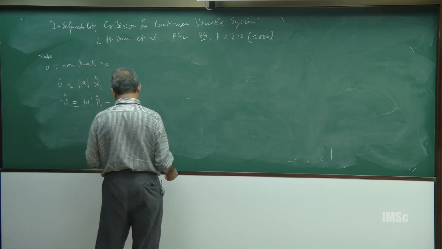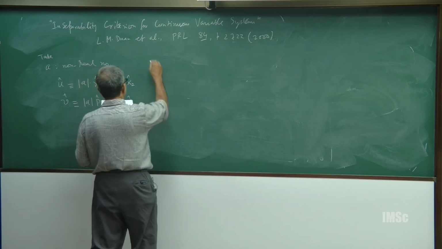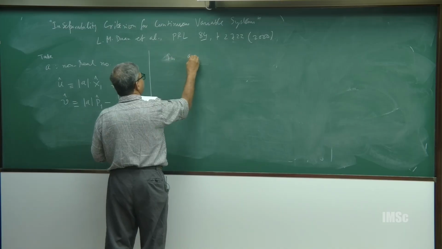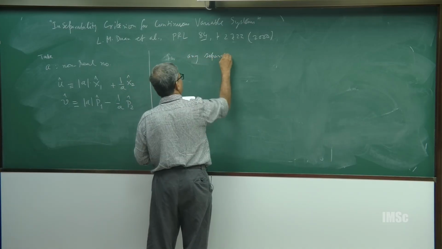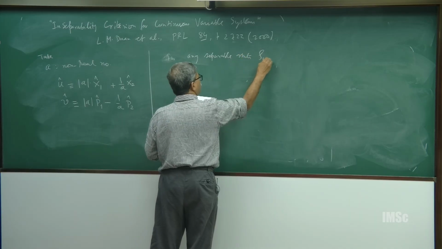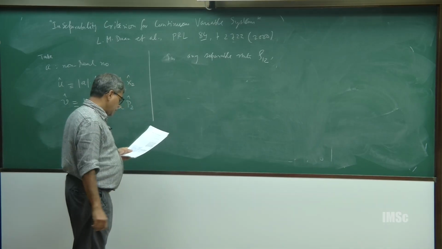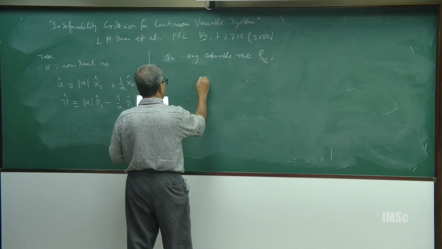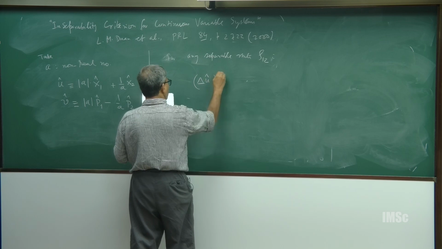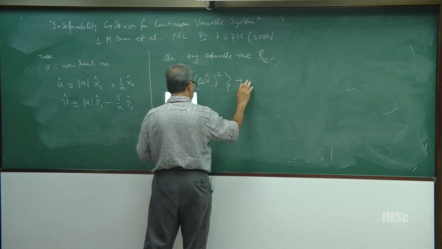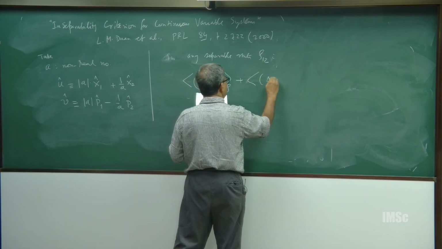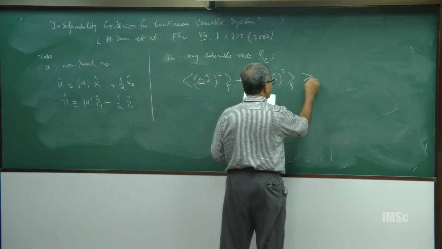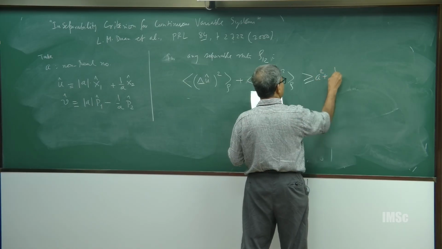So this tells you that for any separable state rho 1 2, what you can prove is the following, that delta u square with respect to rho plus delta v square with respect to rho is greater than or equal to a square plus 1 by a square.